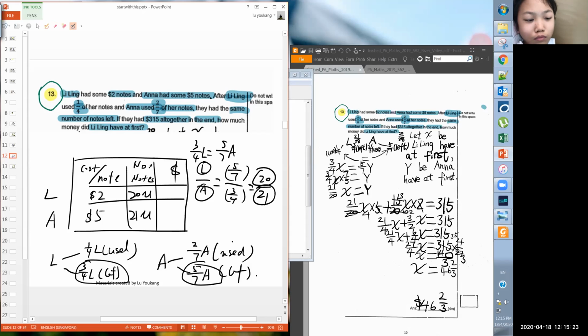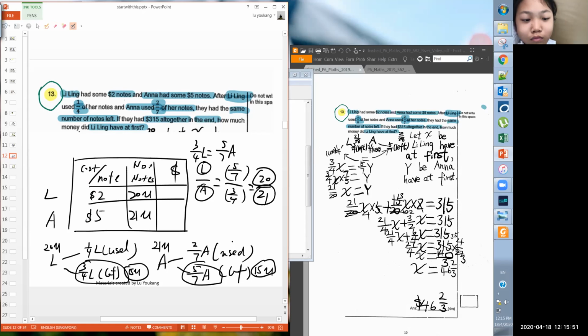So what is in the end? So L is 20U. So in the end is how many U left for L? 15U, right? Because 1/4 is used. So 15U left. So A is 21U. So you have also 15U left.